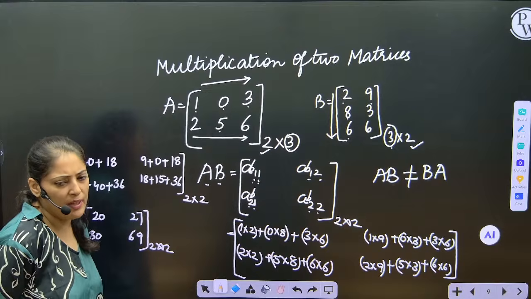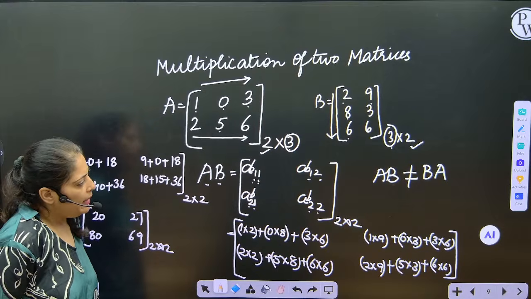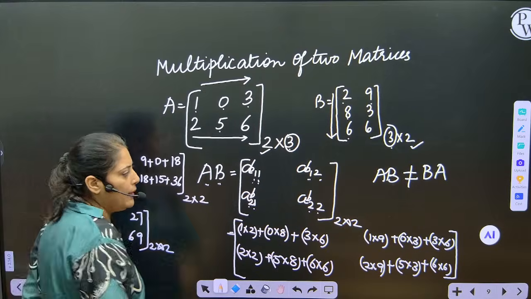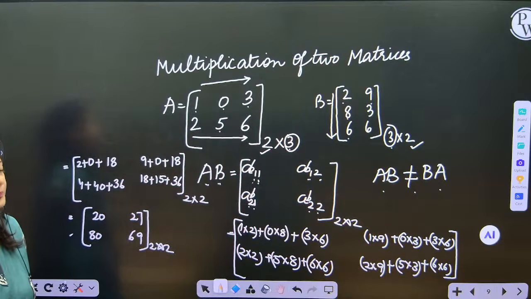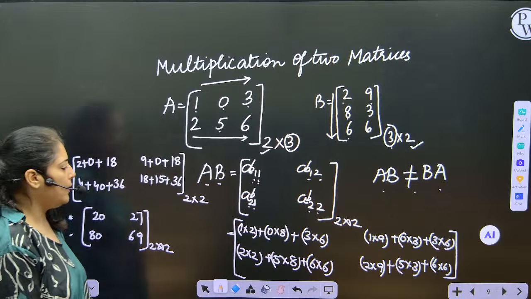If I take the same example, I'll show you that AB is not equal to BA. How? That I will tell you.